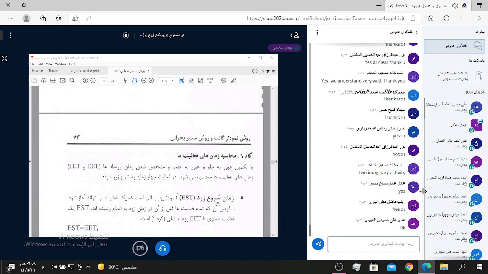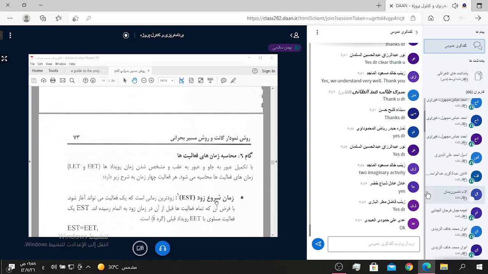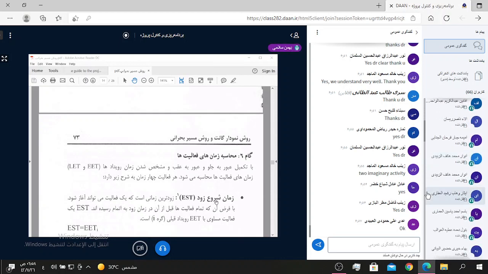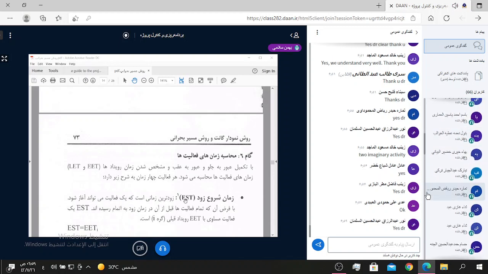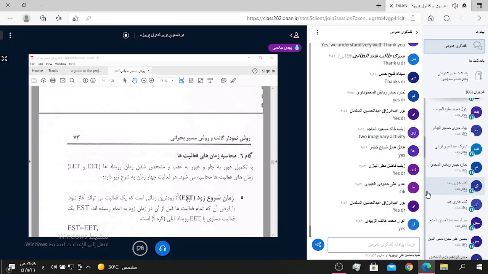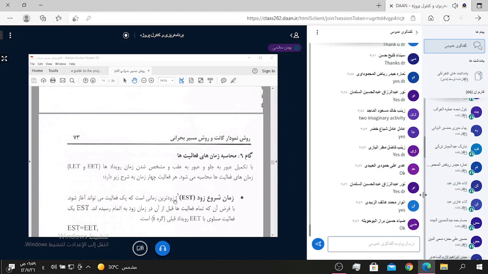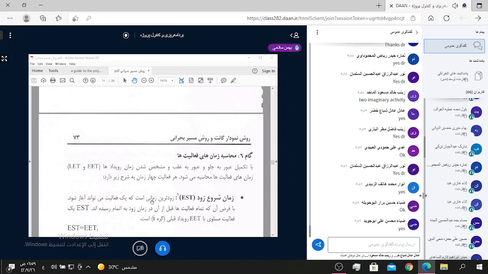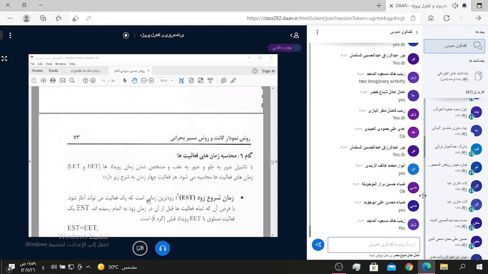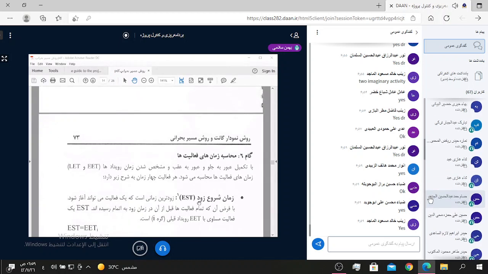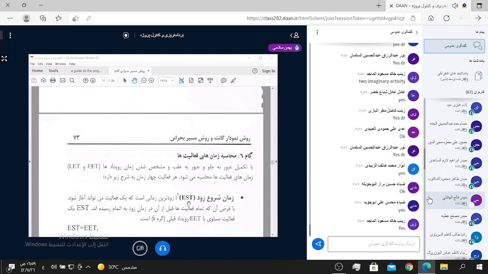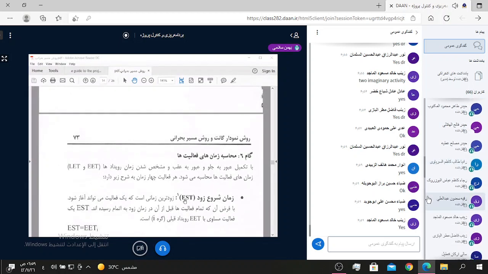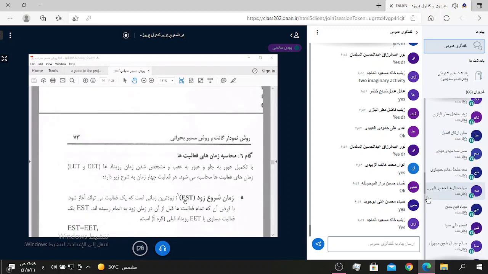Understand? Factor 1, ES, early start, means the earliest time that an activity can start. This is factor 1, ES. You should remember factor 1.